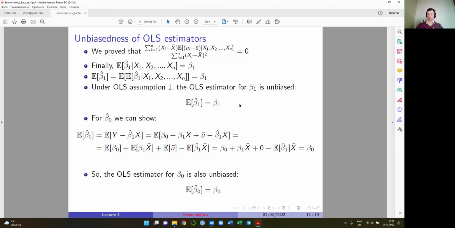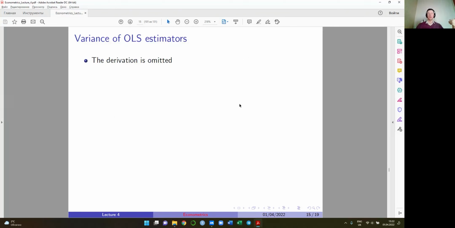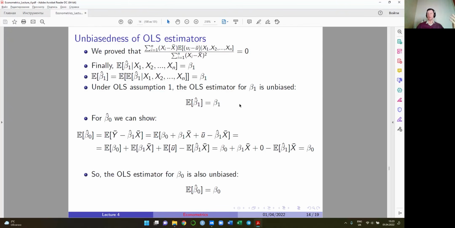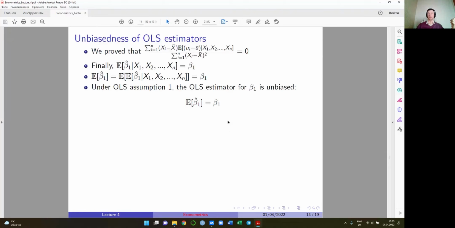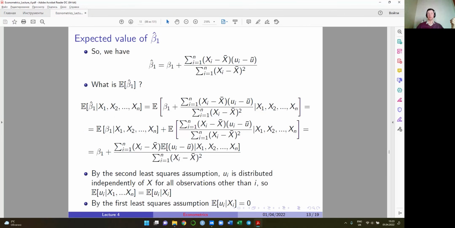Now, the second characteristic that must be known is variance. With the variance, I will not present how to derive the variances. Once again, why did I decide to present these expectations? Because we really need to know this expression, and it is going to be used later on.